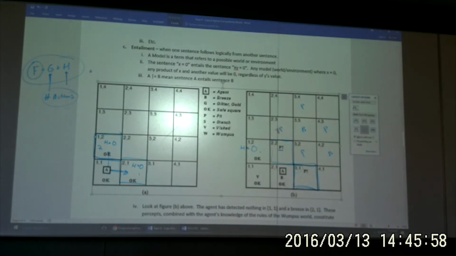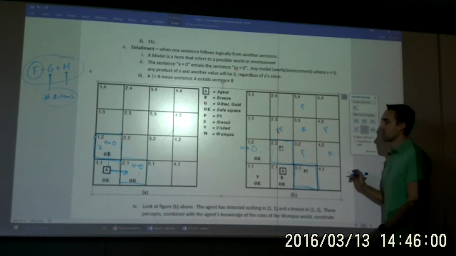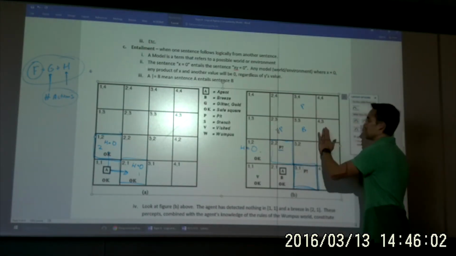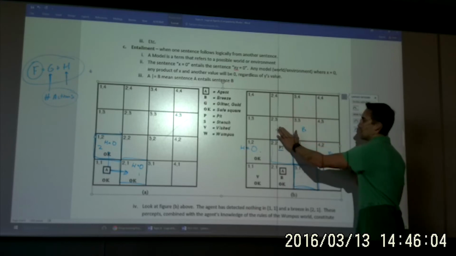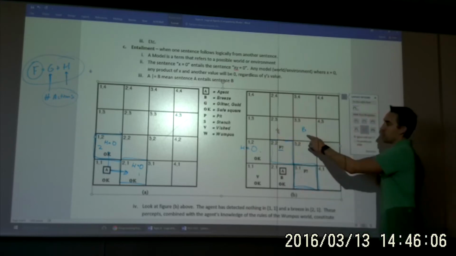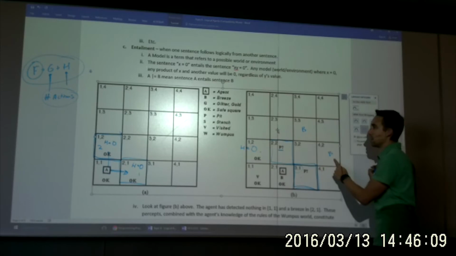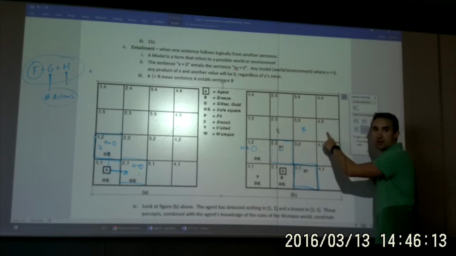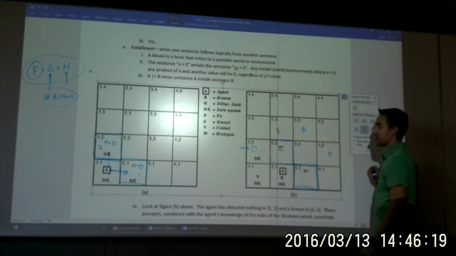Does that make sense? So in this situation, we've got a breeze and a breeze. How likely is this pit? 100%? Is it? No, because it could be.